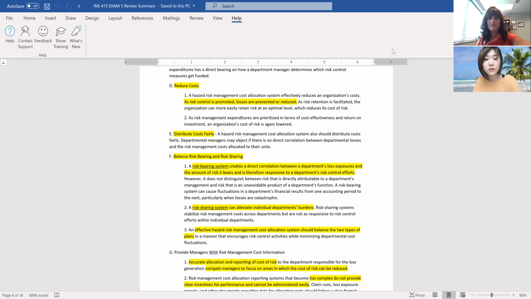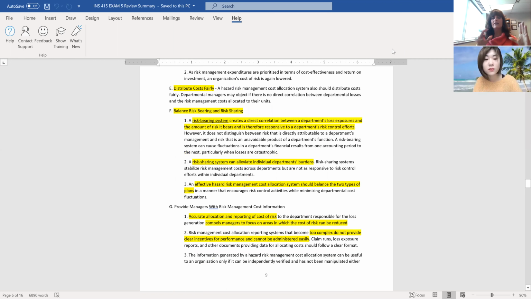So there's two concepts of how you allocate costs. There's the risk bearing option or the risk sharing. With a risk bearing, those that create the loss would get charged that loss. So that direct correlation between the losses they incurred and it getting charged to them.